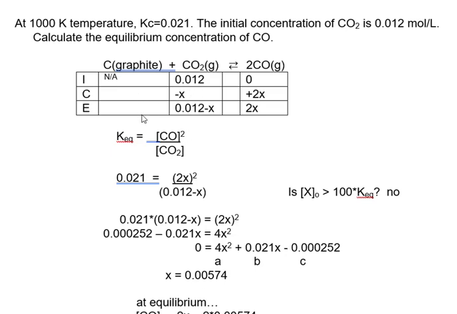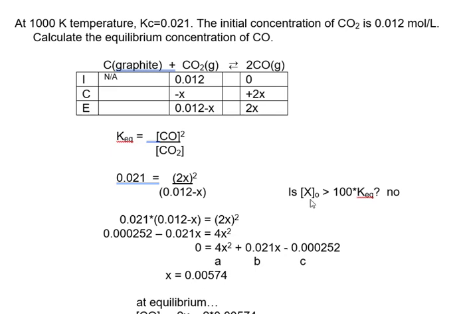Well, the equilibrium constant is kind of small, and you say, well, it's probably not going to produce that much product. But we're going to use this criteria to see if we could actually ignore that small change, or if that change is small enough that we could ignore that minus x in the denominator.